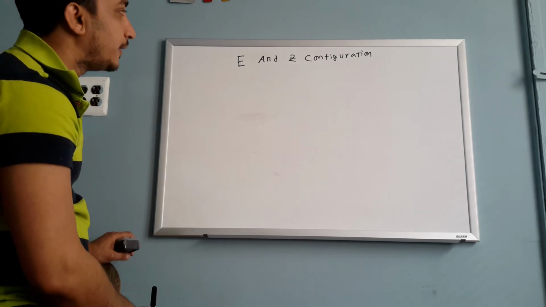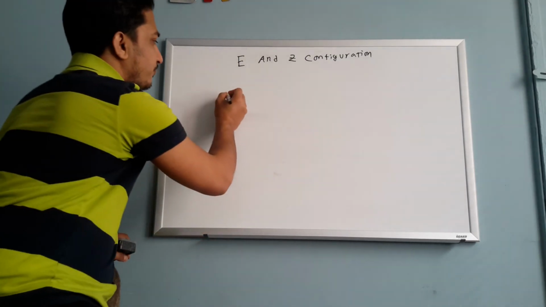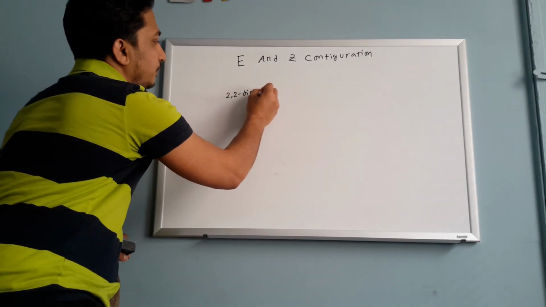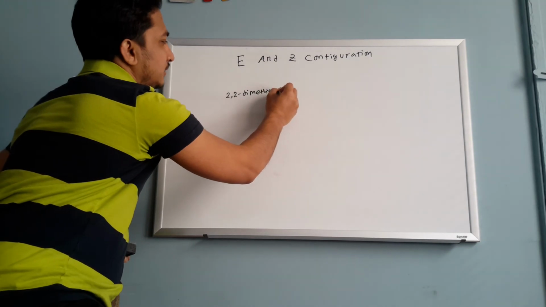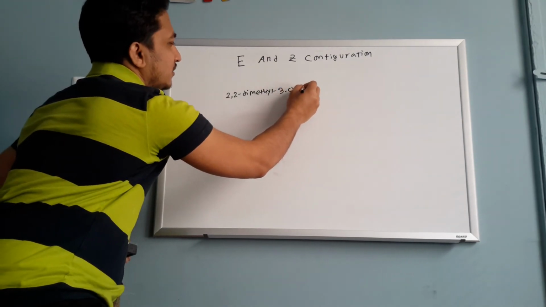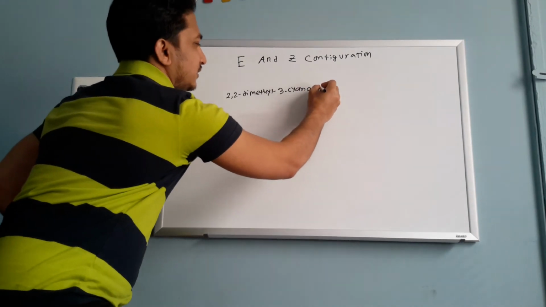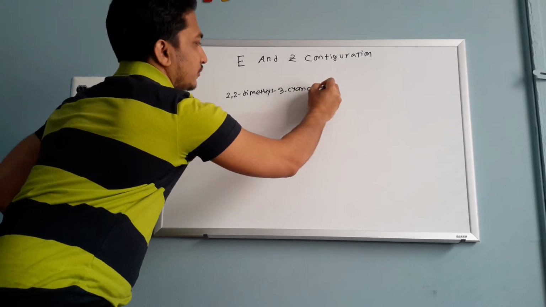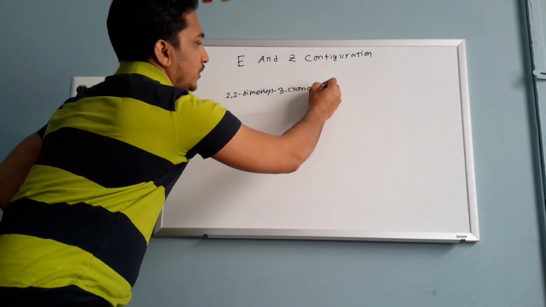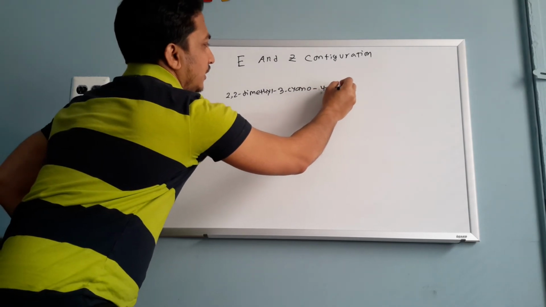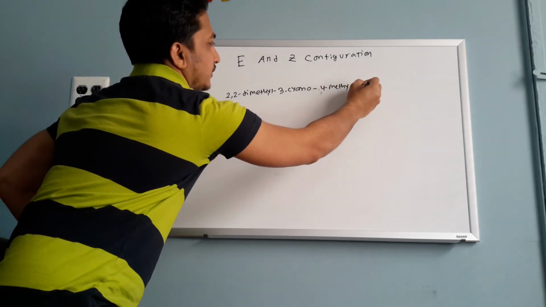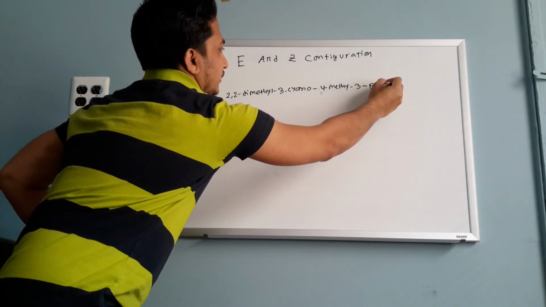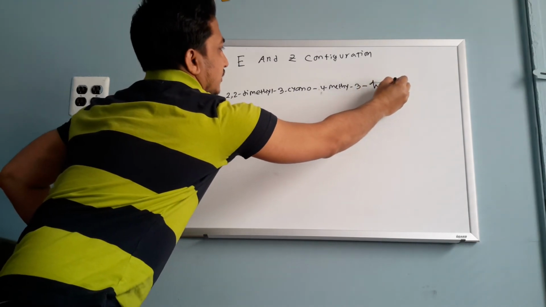For example, if you have a 2,2-dimethyl 3-cyano 4-methyl 3-pentene hexene.